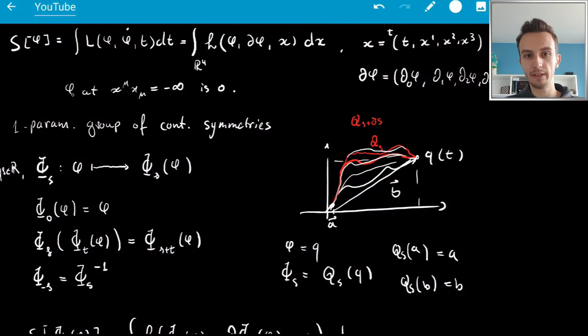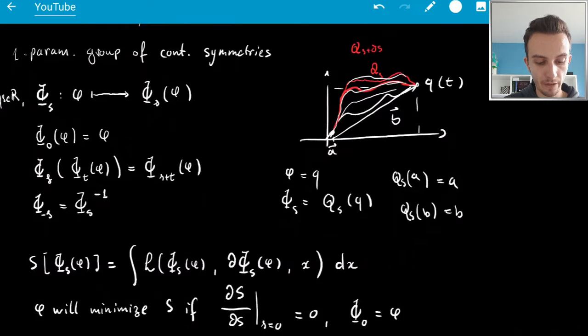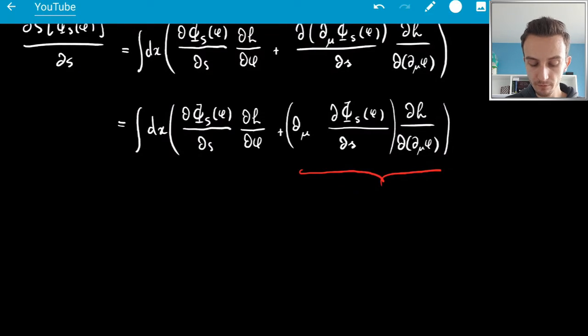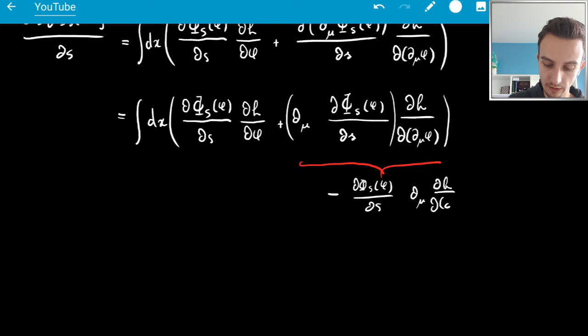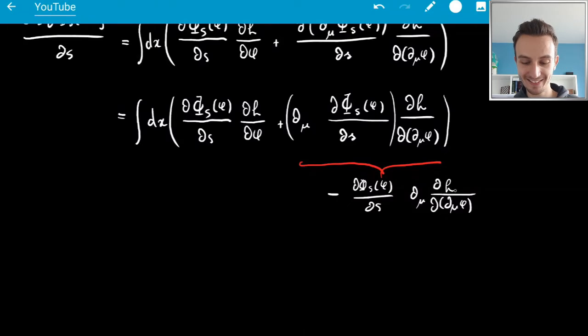There's no field at spatial infinity. So that part's kind of simple. The boundary term will die. So we'll only get minus d phi s by ds, d mu del L by del d mu phi. And boy, does this look like an Euler-Lagrange equation, doesn't it?